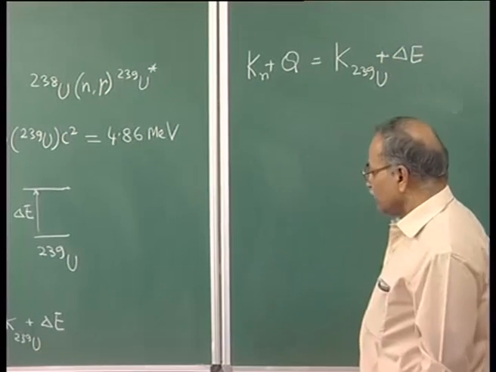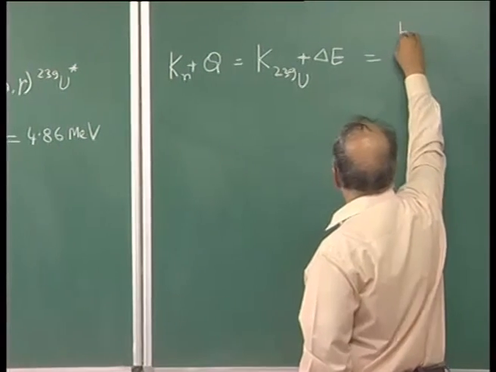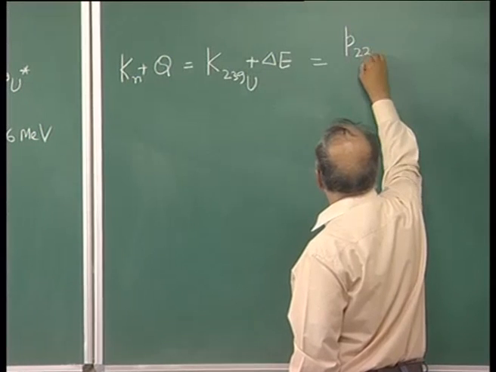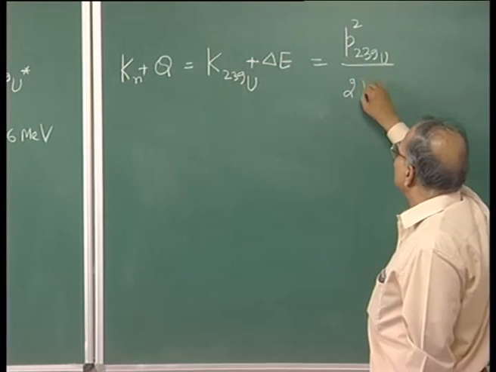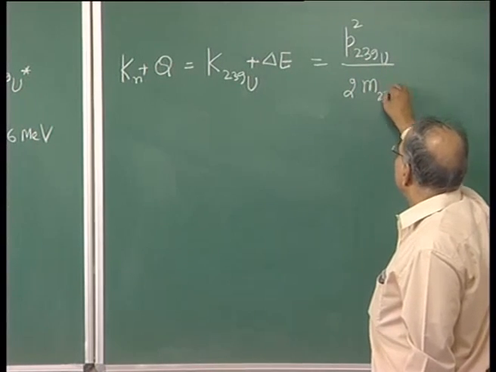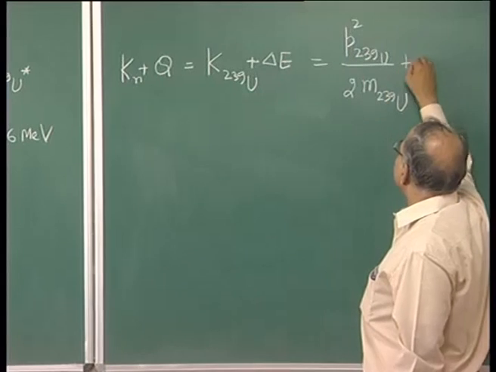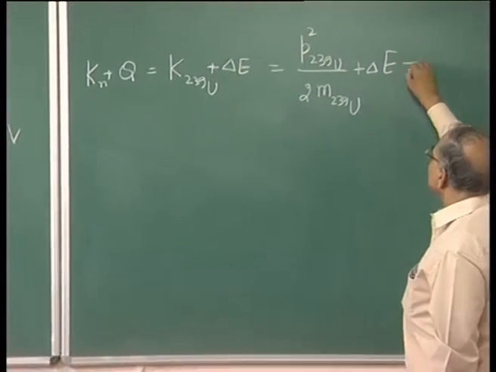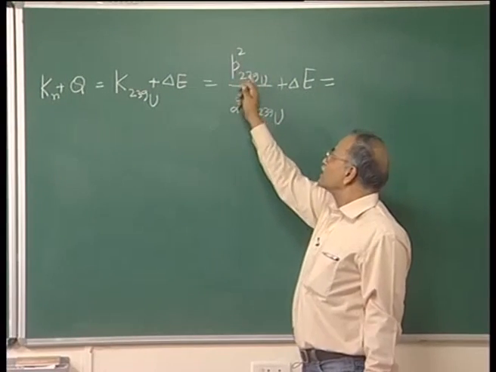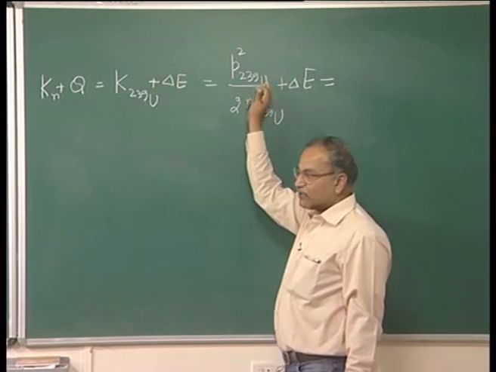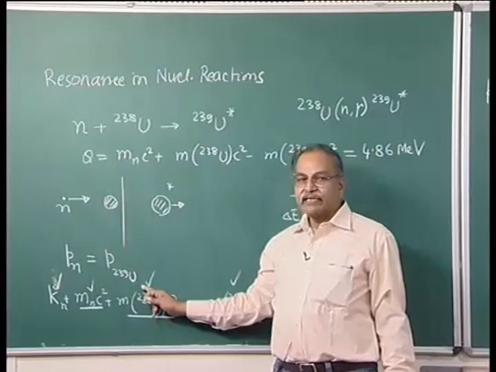And this kinetic energy of uranium 239, once again I can eliminate, by writing it as the linear momentum of uranium 239 squared, divided by 2 times the mass of uranium 239, plus delta E. Now, the linear momentum of this uranium 239 is the same as the linear momentum of the incident neutron, that you can see on this board. This P n is the same as P 239 uranium.